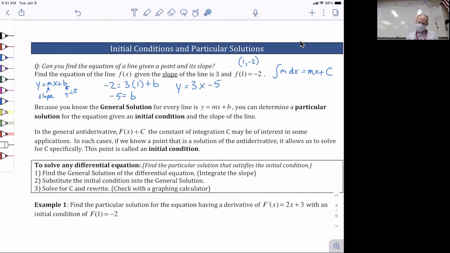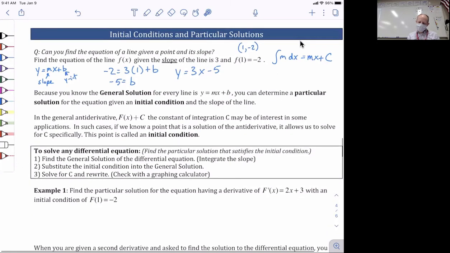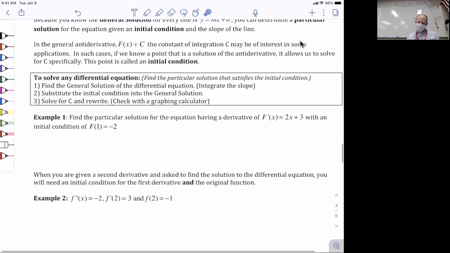So anyway, in the general antiderivative now, capital F of x plus c, the constant of integration c could be of some interest in some applications. And in such cases, if we know a point that is a solution of the antiderivative, it allows us to solve for c specifically. And that point is called the initial condition. And so here are a couple of steps.